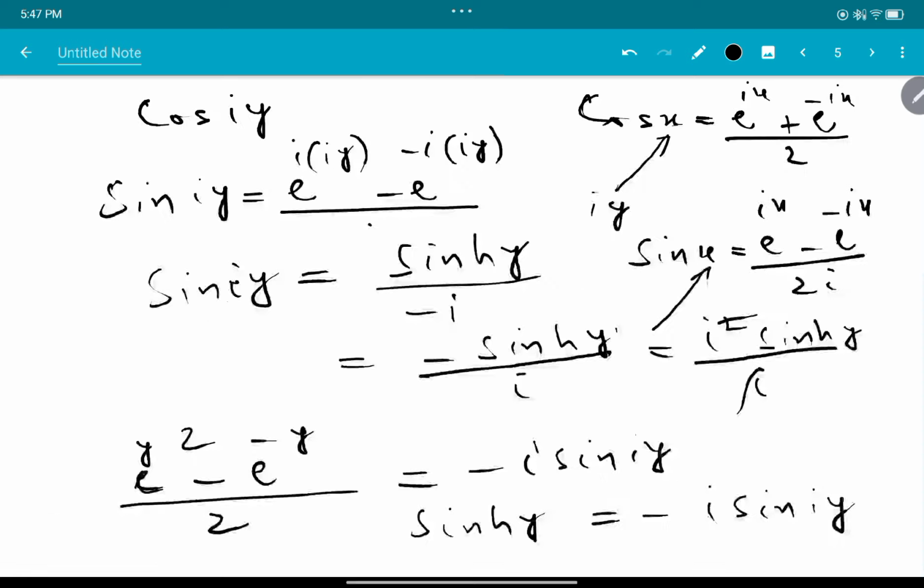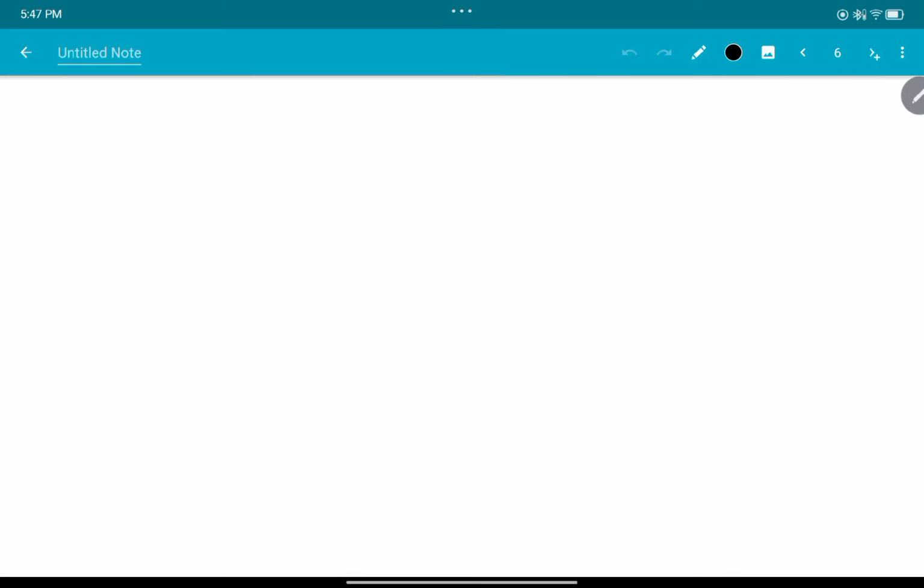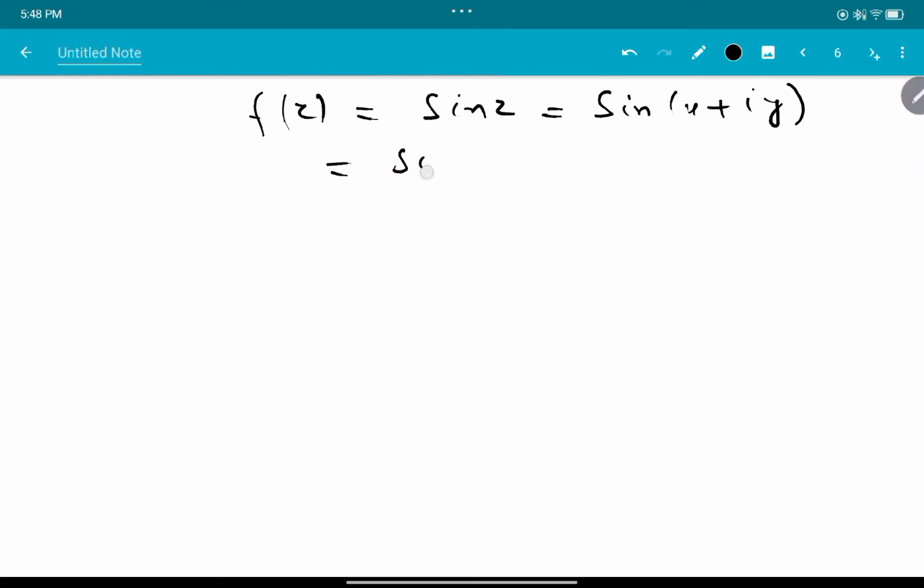So let's now go to examine the analytic nature of sine z. f(z) is equal to sine z. In place of z, we can write x plus iy. And using sine a plus b, it gives us sine a cos b plus cos a sine b, so sine x cos iy.